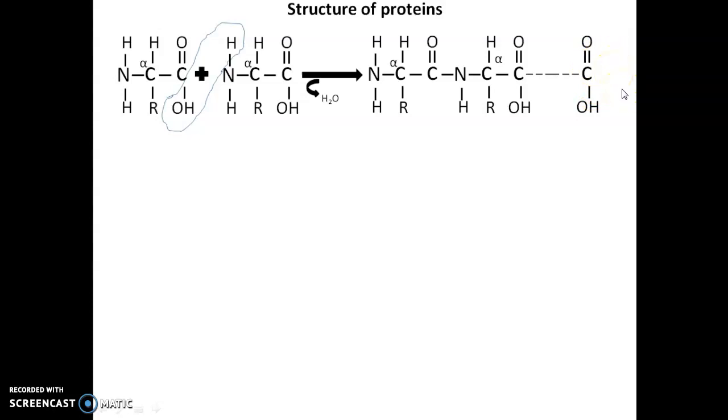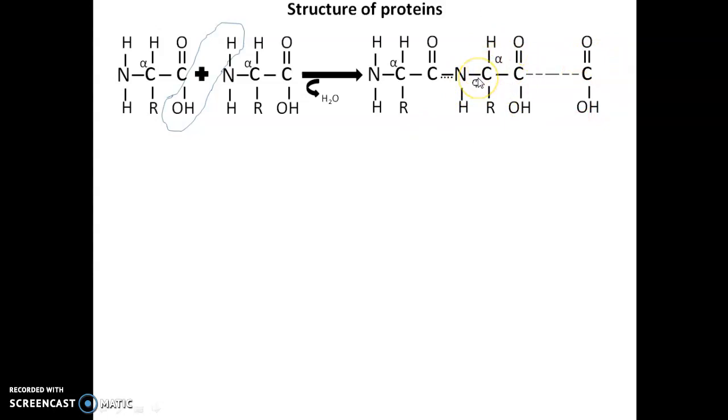This peptide bond possesses a partial double bond feature that restricts the motion of the molecule around it and makes all the 6 atoms, that is carbon, oxygen, nitrogen, hydrogen and carbon, lie in a rigid plane. So how does the protein get folded into different configurations to give rise to different structures? The answer is the dihedral angle, or torsion angle, present between N, C alpha and carbon alpha.